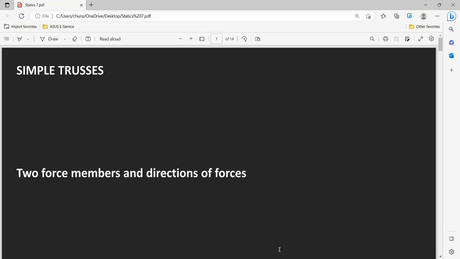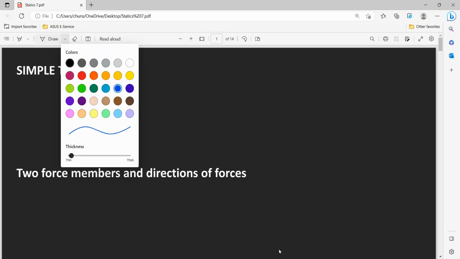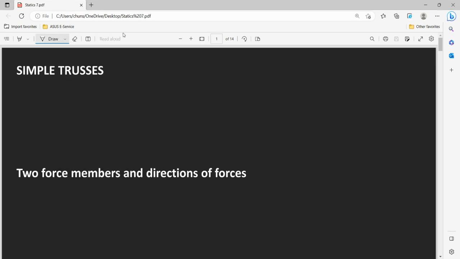In this video, we are going to be reviewing the topics from week 7 of Statics 202, which talks about trusses and method of joints and method of sections to solve forces that are developed internally within trusses. Trusses are a series of beam members joined by pins.